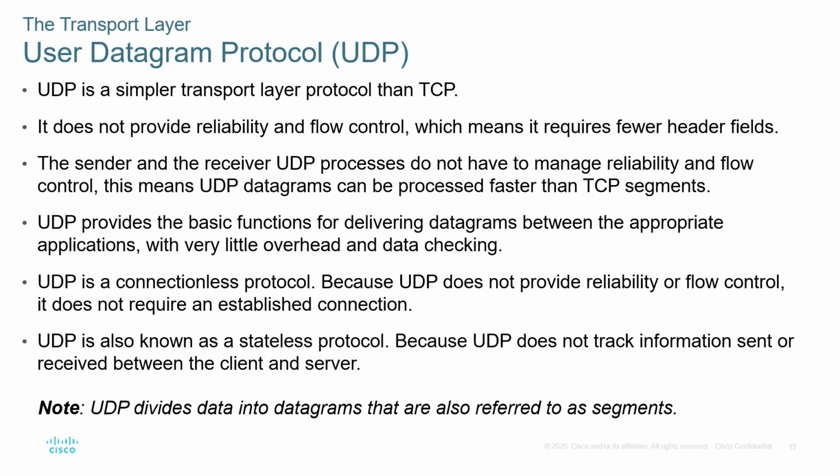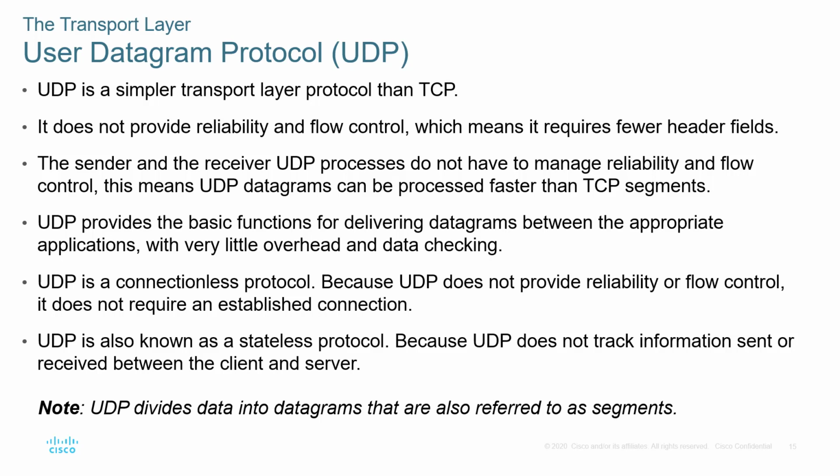If you get it, great. If you don't, oh well. There is no specific recovery process. Again, UDP is connectionless because there is no reliability built into this. UDP is known as a stateless protocol because no tracking information is actually maintained.